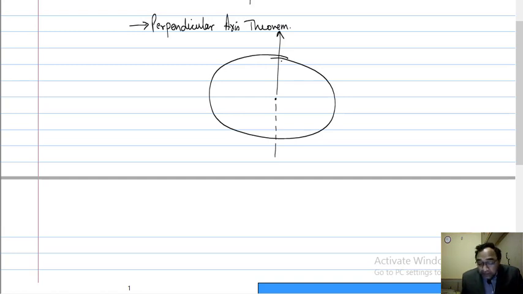So, let us say this central axis I am labeling as z axis. Now, I will take two axes which are contained in the plane of the body and they are perpendicular to each other. So, let us say one is x, the other is y. This is what we have.